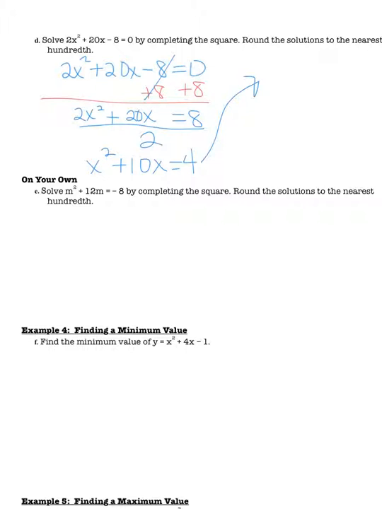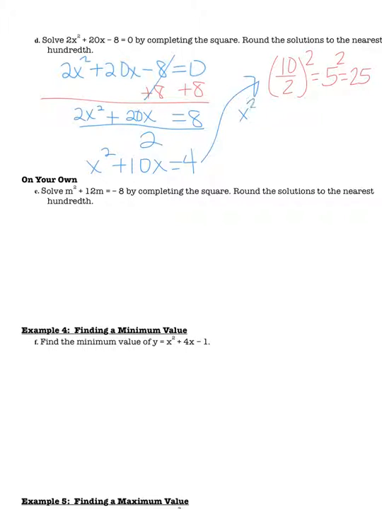We take the b term, which would be 10, because it's being multiplied to x. That's the b coefficient. We're going to take 10 divided by 2 and square it. So 10 divided by 2 is 5. 5 squared is 25. Then from there, we will add the 25 to both sides of the equation.